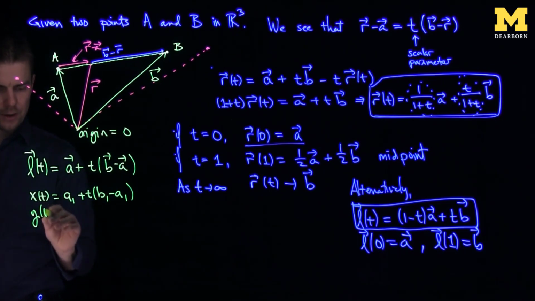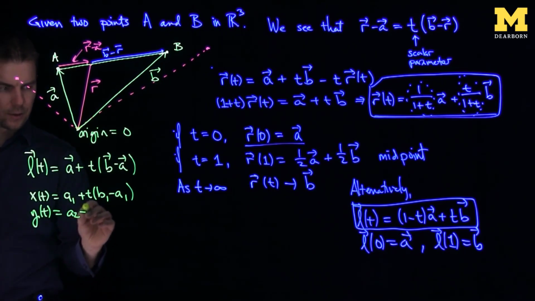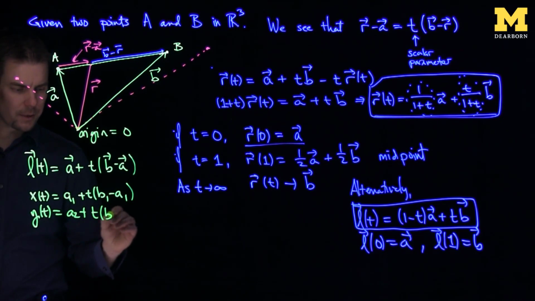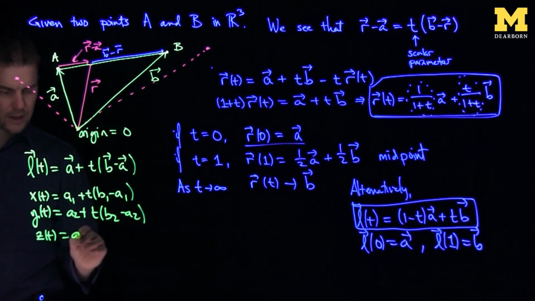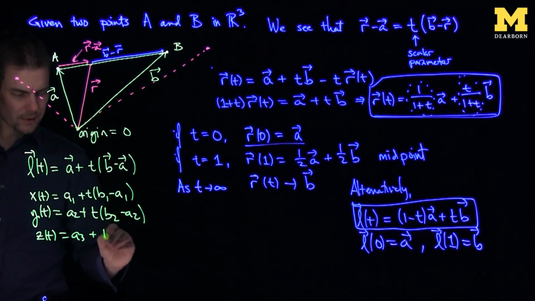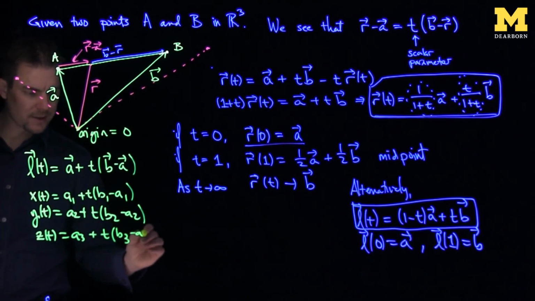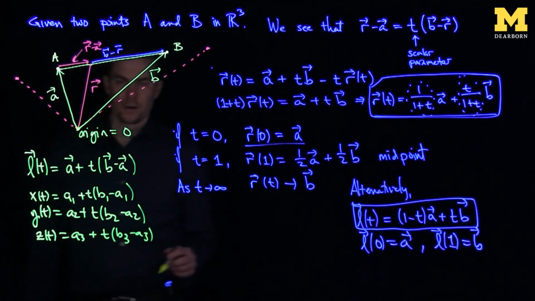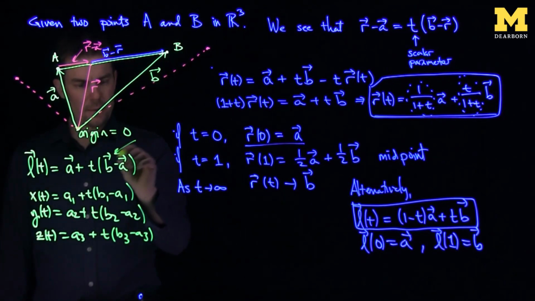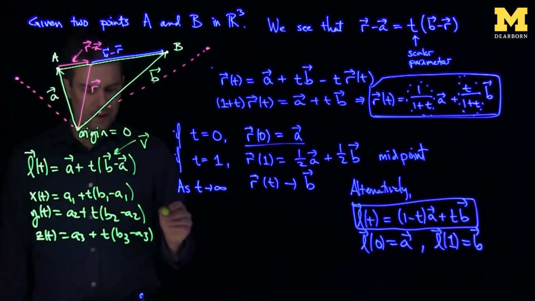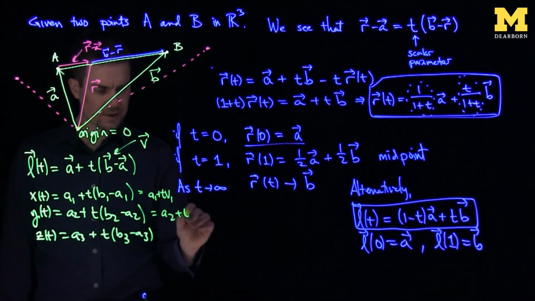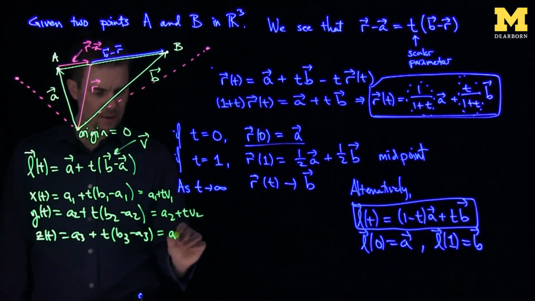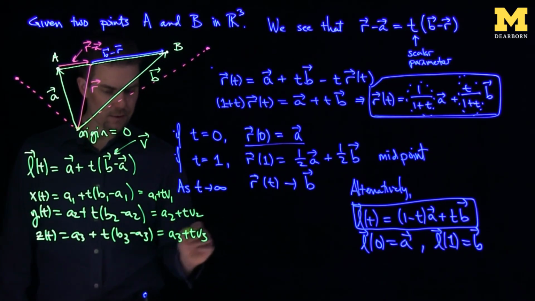The y component will be a2 plus t times b2 minus a2. And the z component will be a3 plus t times b3 minus a3. Sometimes we'll call this vector b minus a, v, for the direction, and we can simplify this. The first will be a1 plus t v1, this will be a2 plus t v2, and this last one will be a3 plus t v3.